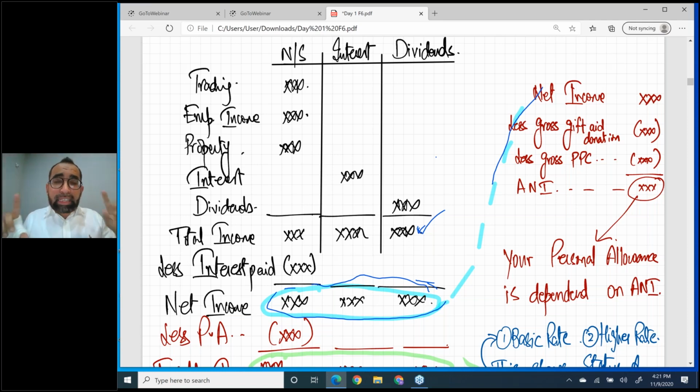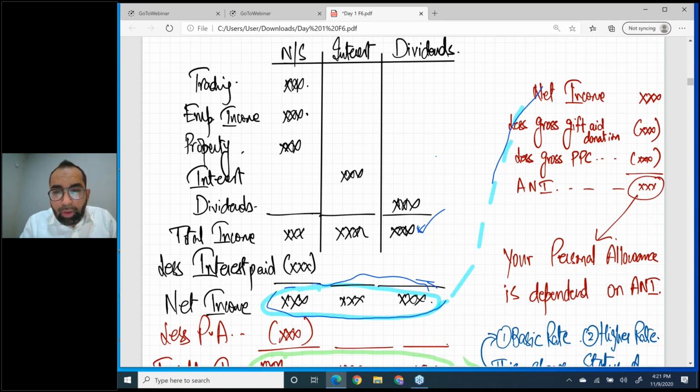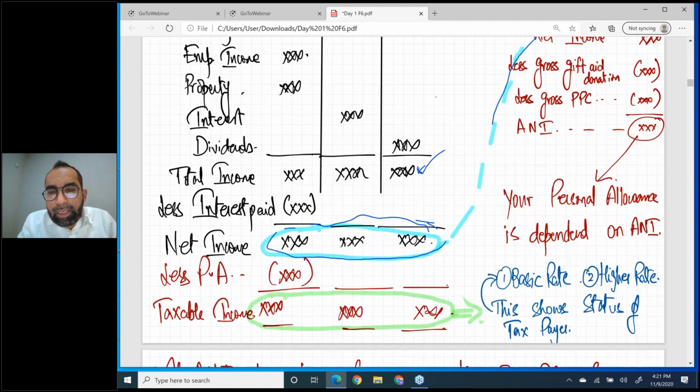Now the question is, sir, what is the purpose of this ANI? Hold. This ANI, or adjusted net income, is used to calculate personal allowance. Now hold. See, in my screen I have already written your personal allowance is dependent on ANI. Let me recall the timeline. Listen, if your ANI is between 0 to 1 lakh, then you have fixed personal allowance of 12,500 pounds.